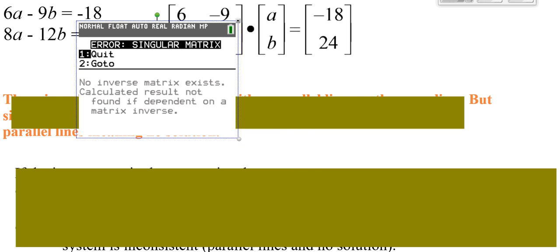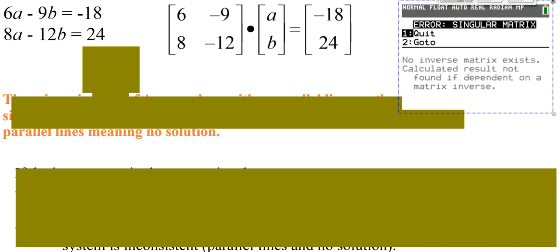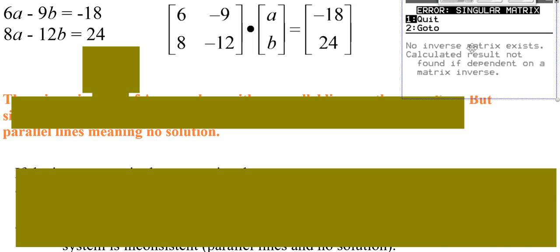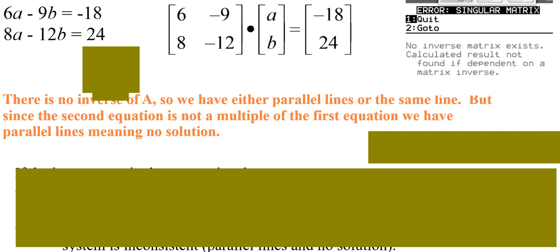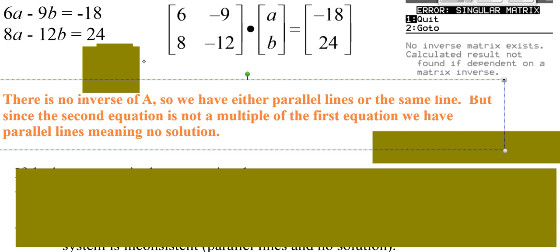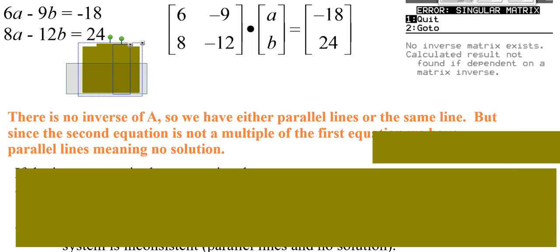What the heck does this mean? Well, whenever you get this type of error, that means one of two things. Either the first equation and the second equation are multiples of each other, meaning they'd be the exact same line, or they're going to be parallel lines. In other words, when you get that error, it doesn't work to use matrices.